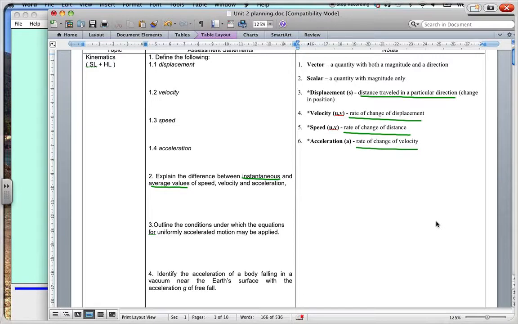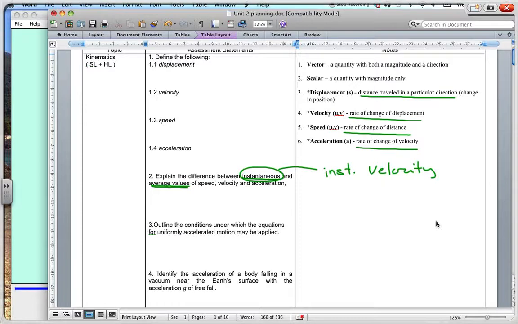If something is done in an instant, where this word instantaneous comes, it's over a very short period of time. So the instantaneous velocity is the velocity that is done over a very short period of time. We'll look at this when we are looking at graphs in more detail, where your average values are taken over a period of time.